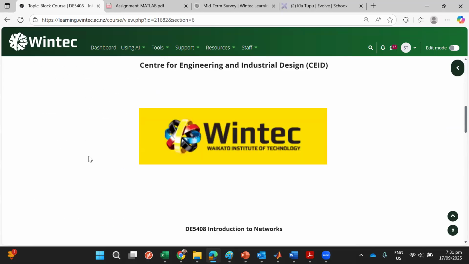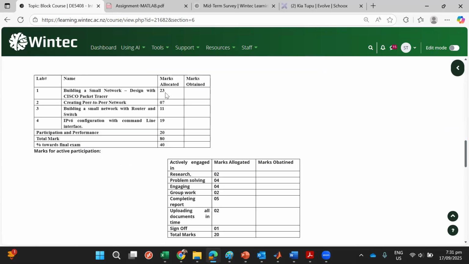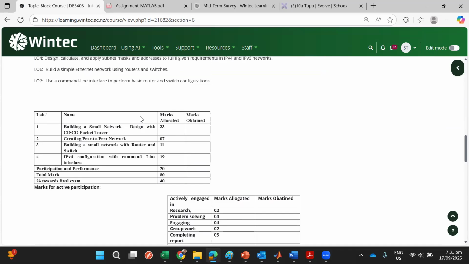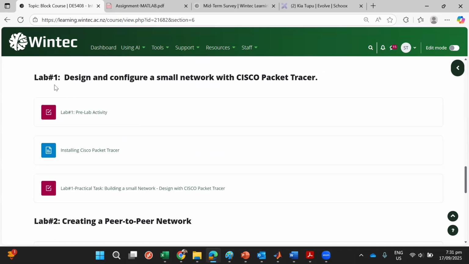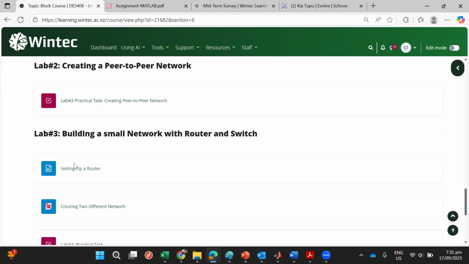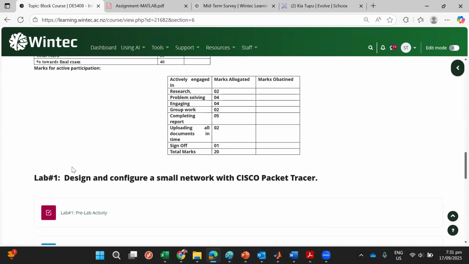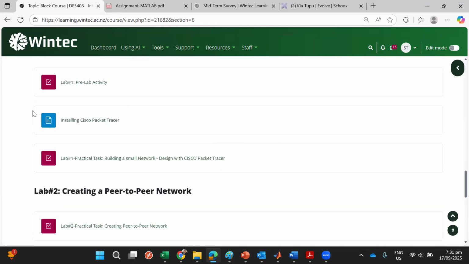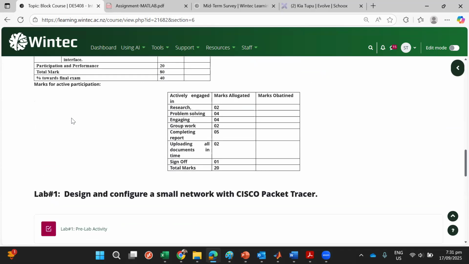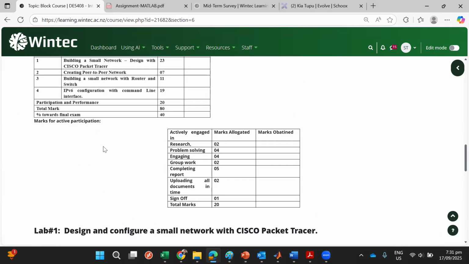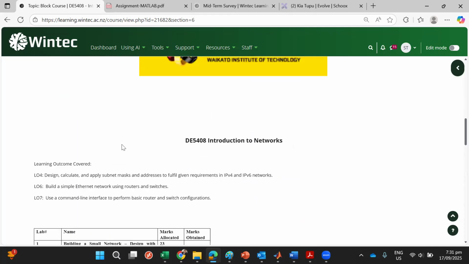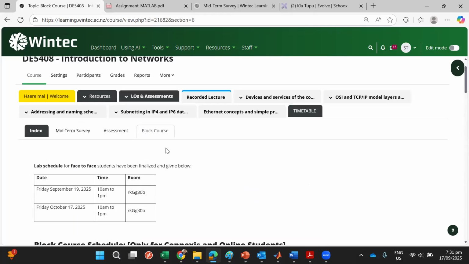I have already opened your block course details, all the information. The marking schedule is given, and we'll start from lab 1. There are 4 labs, and all the activities are well arranged, so it should be organized. There might be some minor mistakes, which we will clarify whenever we are performing them.